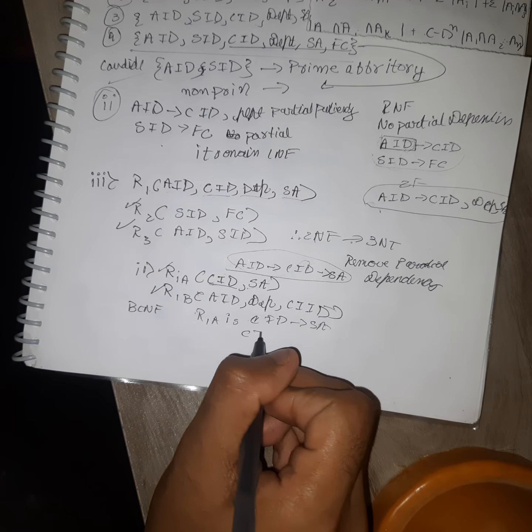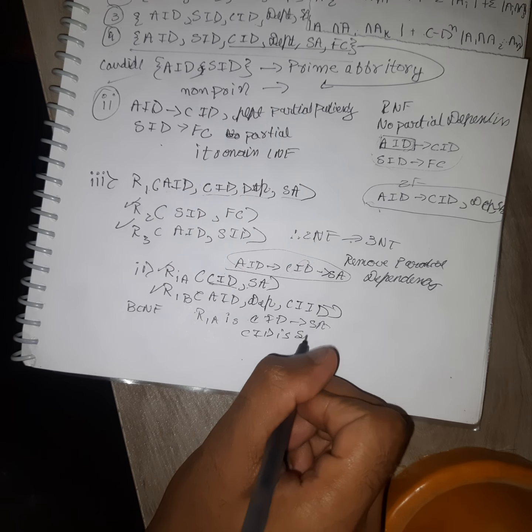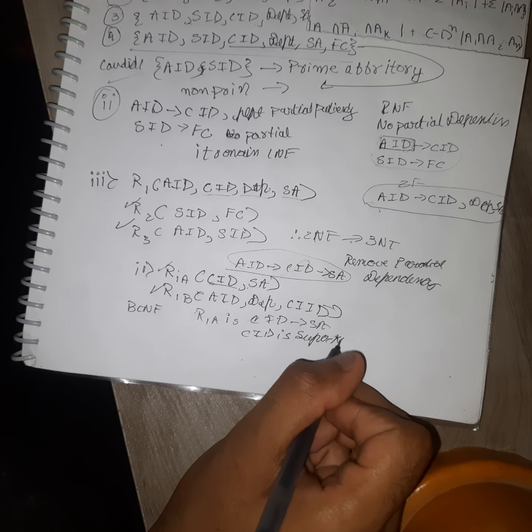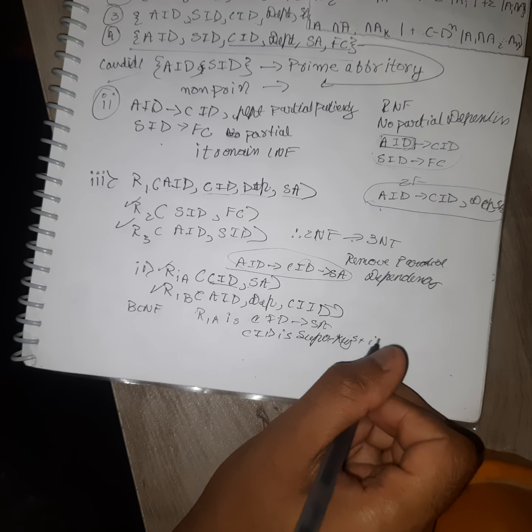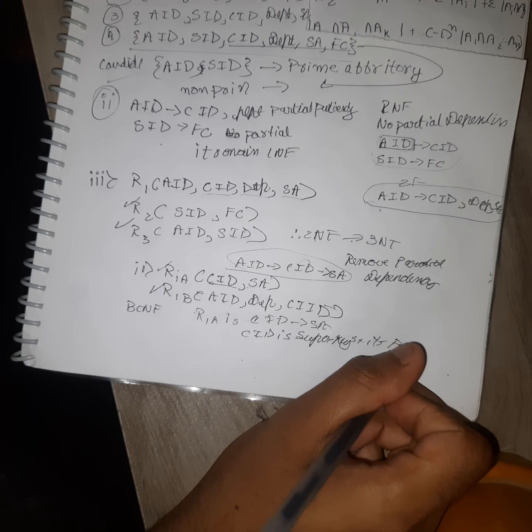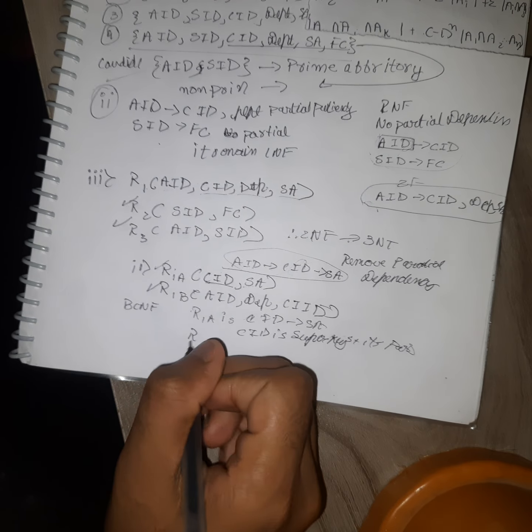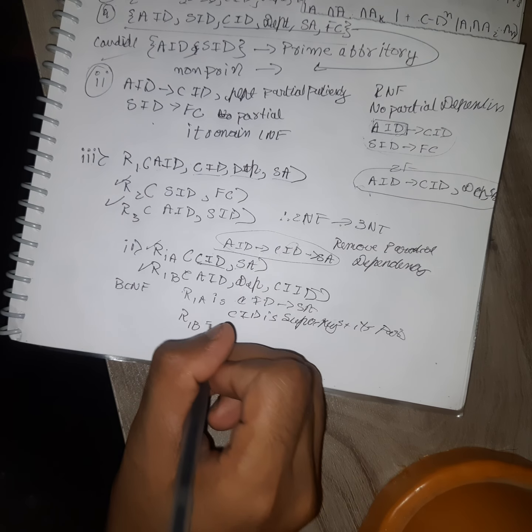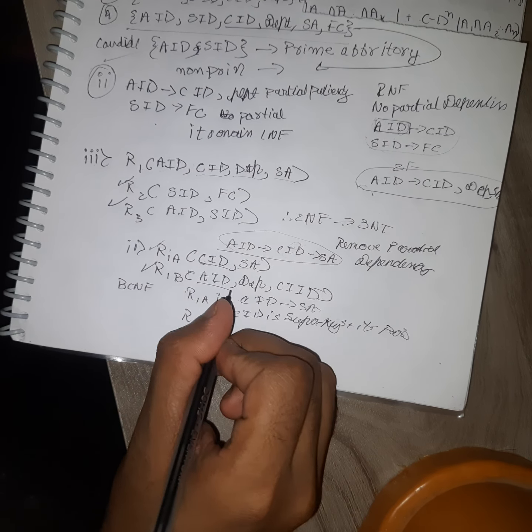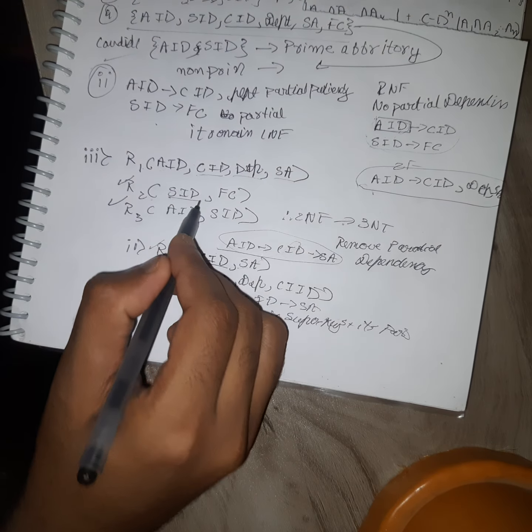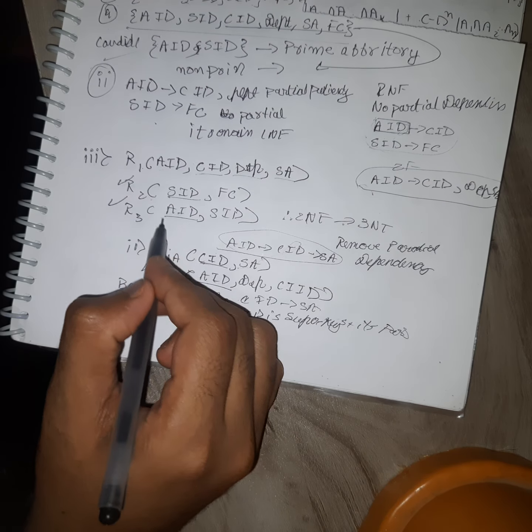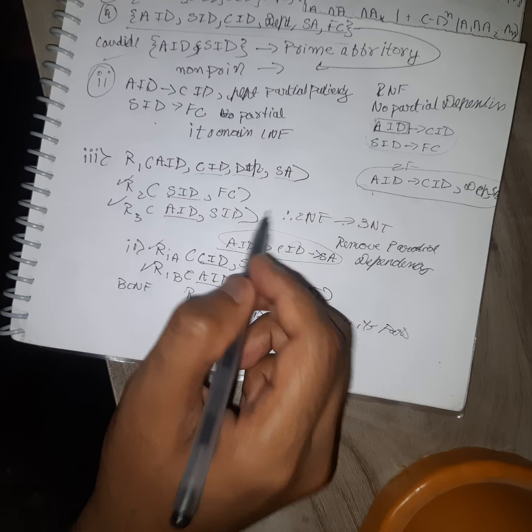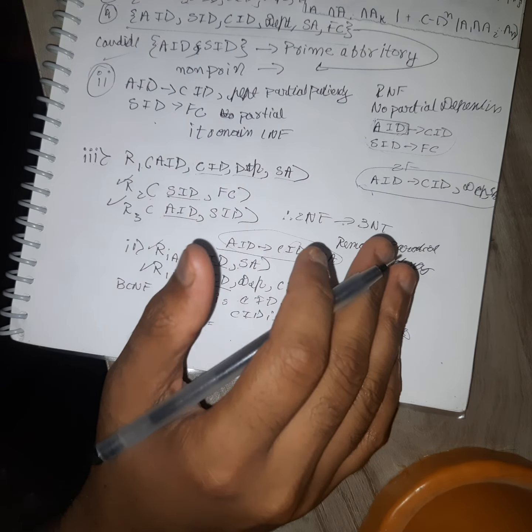So CID is a super key. So it passes. Like you can write anything, you should just show that it is successfully done. So in R1B you can say AID is passed. In R2 you can say SID, and here AID. Using this, can you find the other elements? Yeah, you can find. So that is BCNF.